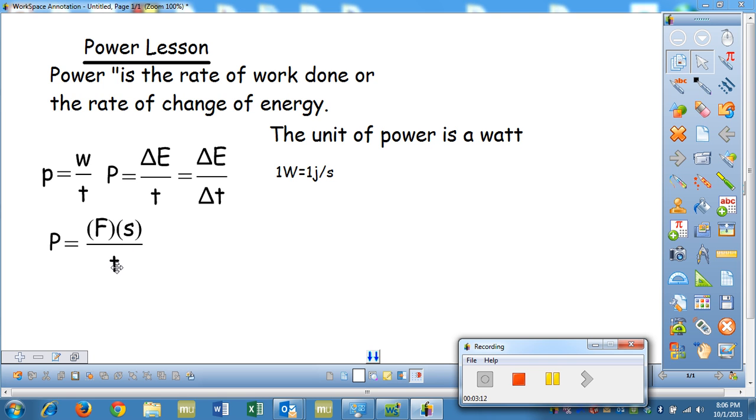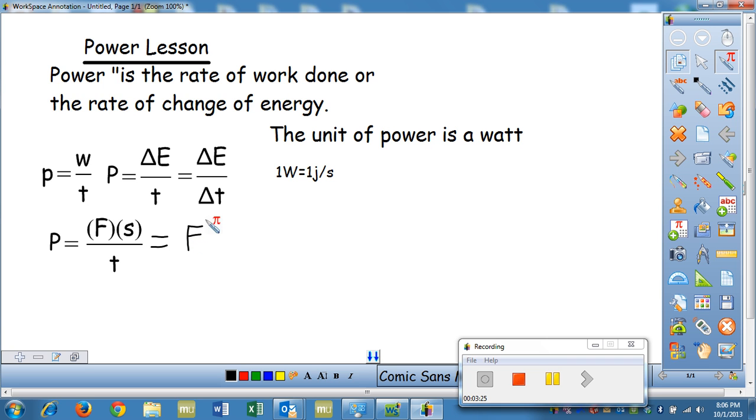Well, distance over time is velocity. So actually, power is force times velocity also.